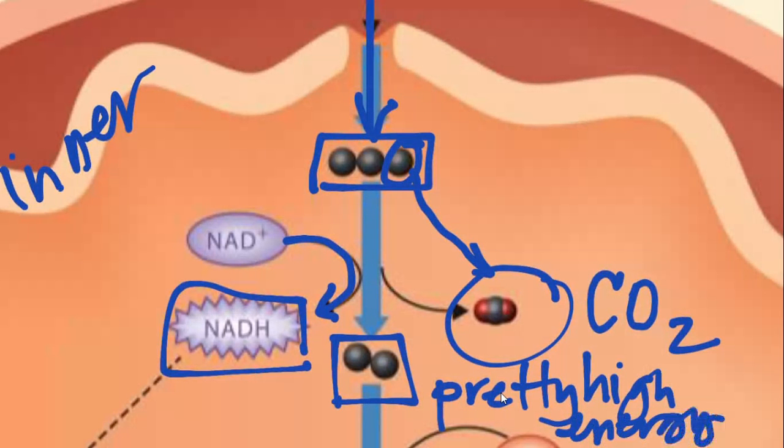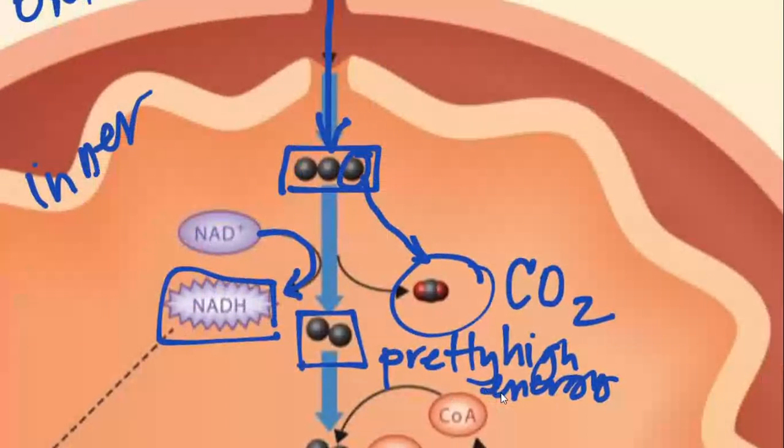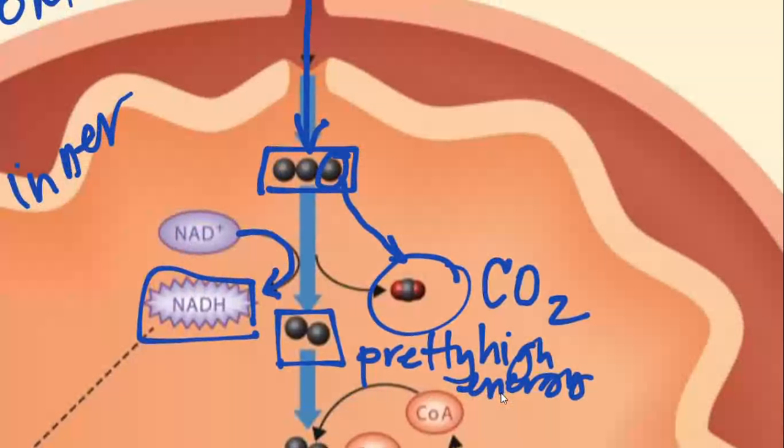In fact, it's so much energy that the cell can't break it in two. Because if it were to break it in two, it would release so much energy at once that most of that energy would be lost to the environment in the form of heat, and the cell would not be able to capture that energy in molecules like NADH or ATP.